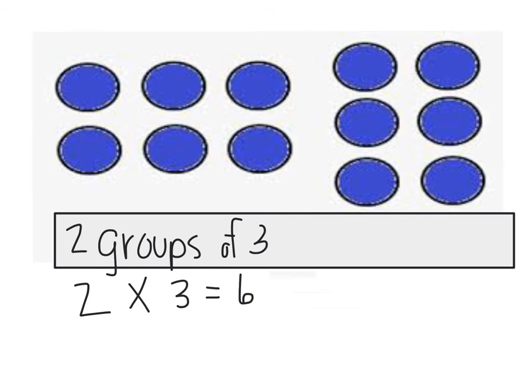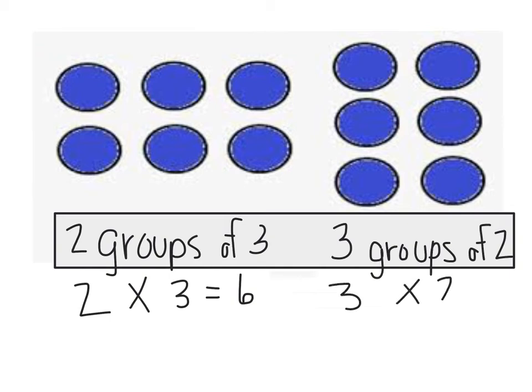In my second array, I have 1, 2, 3 groups of 2. So I would write 3 groups of 2, or 3 times 2 equals 6.